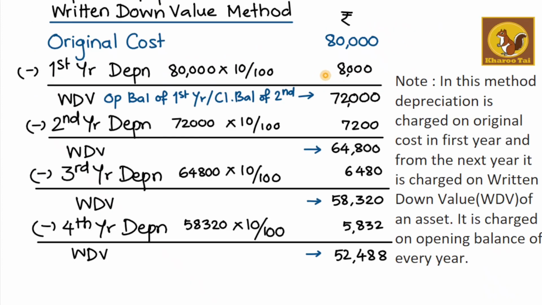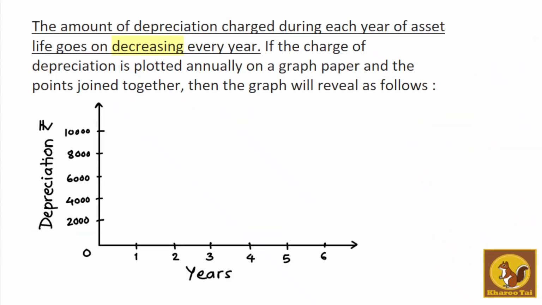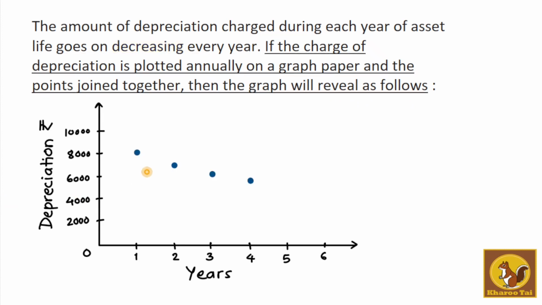First year it was 8,000, then 7,200, then 6,480, then 5,832. If the charge of depreciation is plotted annually on graph paper and points joined together, then the graph will reveal as follows. We can see that the points are slanting and that will give a slanted line.